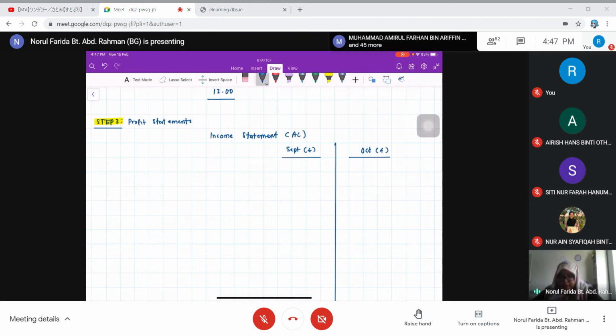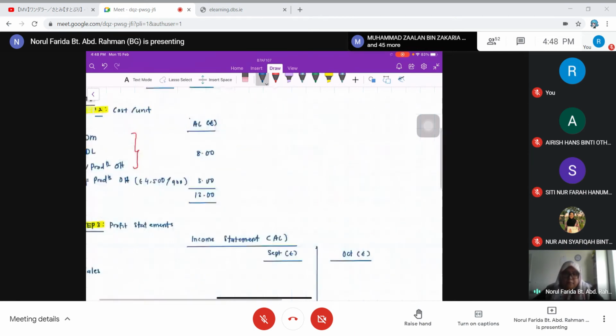Kita akan start dengan sales. Okay, we will start with our sales. So startlah dengan sales. Sales untuk September adalah sales unit dia adalah 600 unit.